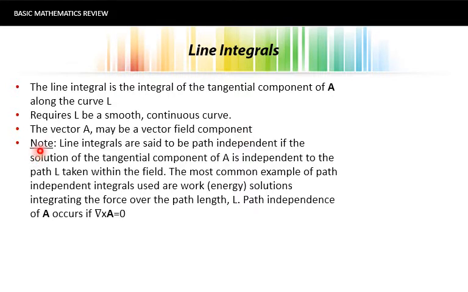Here we should make a note. Line integrals are said to be path independent if the solution of the tangential component of the vector A is independent of the path L taken within the field. The most common example of path-independent integrals is work-energy solutions, integrating the force over the path length L. Path independence of vector A occurs if curl of A is equal to 0.